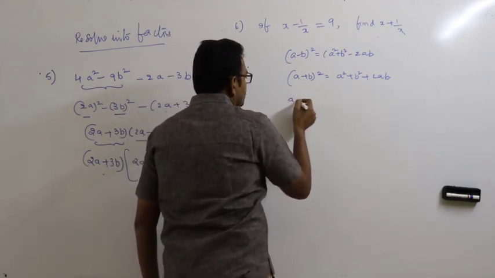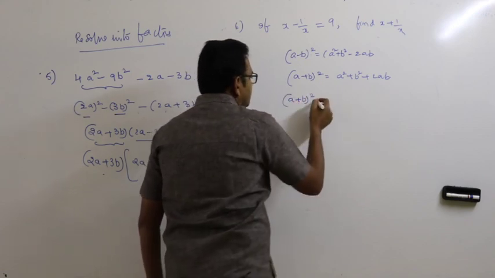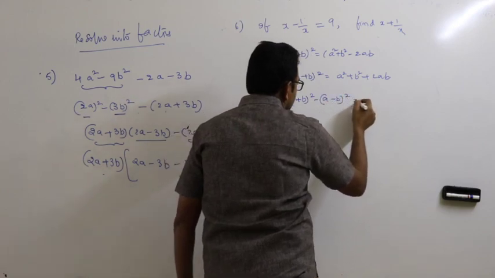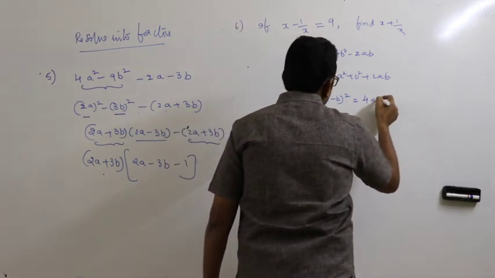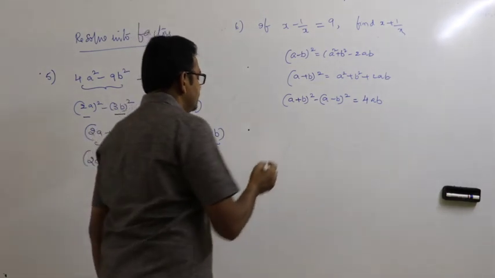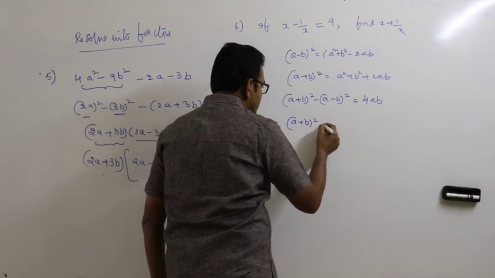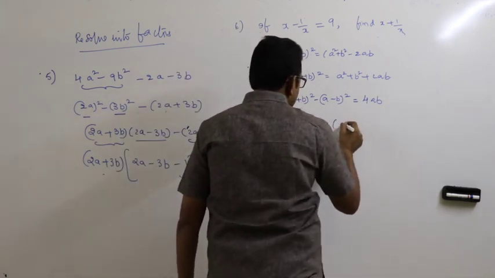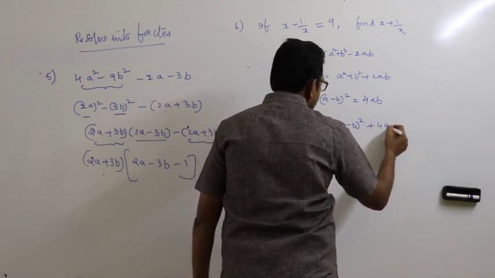So here a plus b whole square minus of a minus b whole square is equal to 4ab. So this a plus b whole square is equal to a minus b whole square plus 4ab.